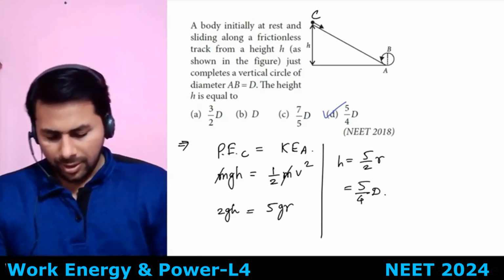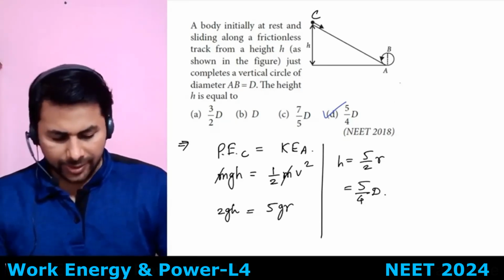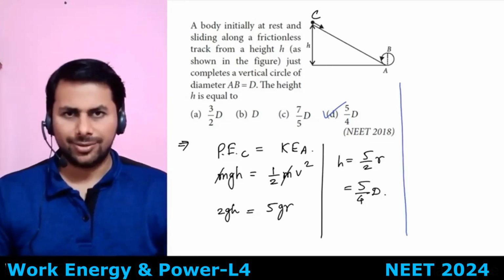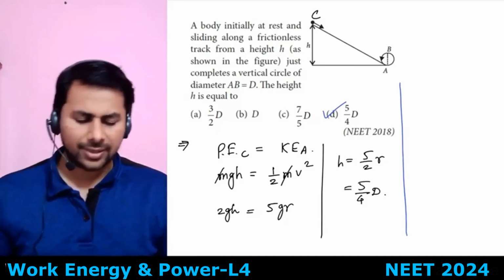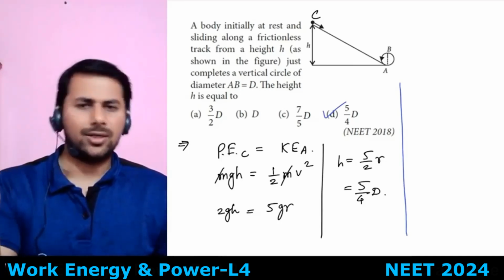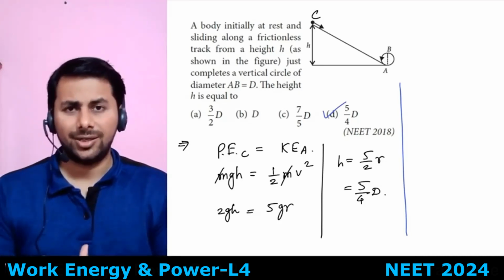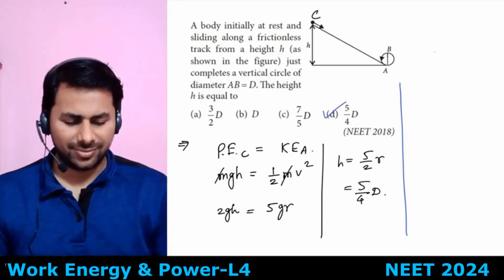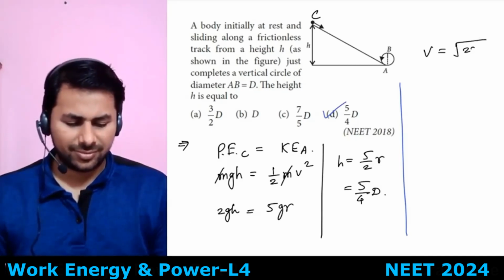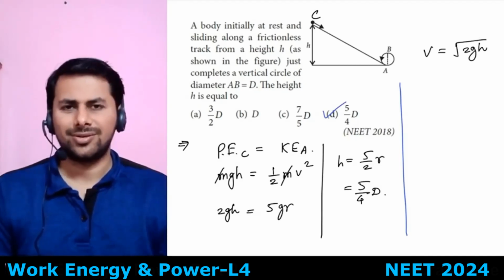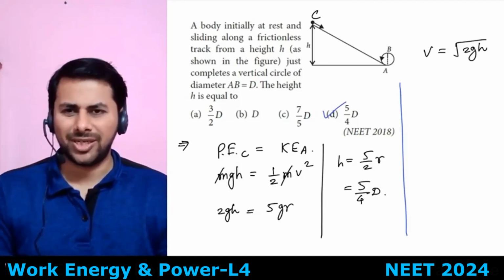Okay, so here you have applied the law of conservation of energy. Then it can be solved like this. If you release an object from height h, how much velocity does it attain? Right, v equals root of 2gh.